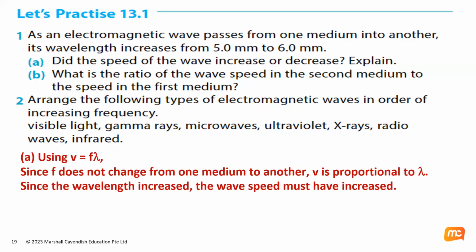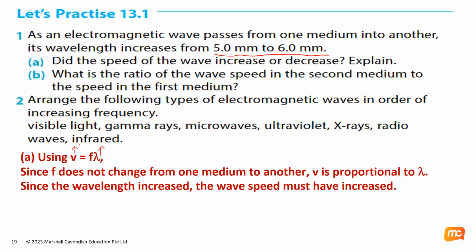As you can see, using v equals f lambda, the frequency doesn't change because I'm still using the same wave. I never changed the electromagnetic wave. The source is the same. The frequency does not change, but the wavelength increases from 5 to 6. So when the wavelength increases and the frequency remains the same, the speed will also increase.